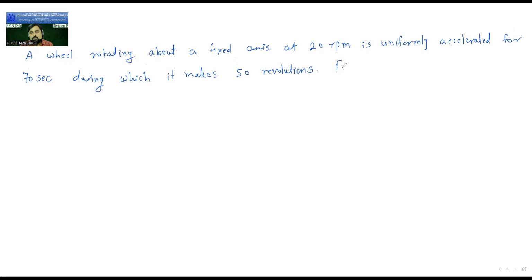Find first the angular velocity at the end of this interval.